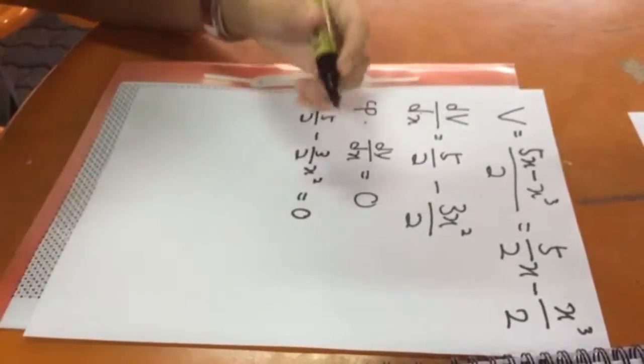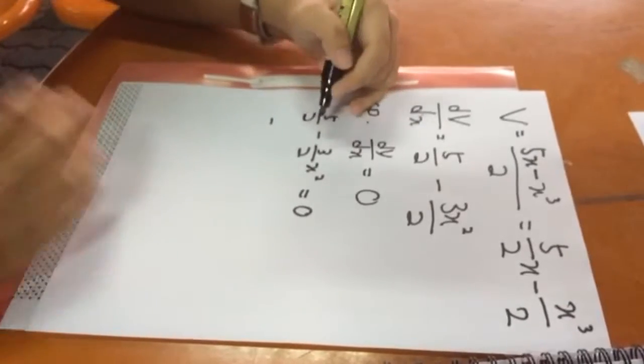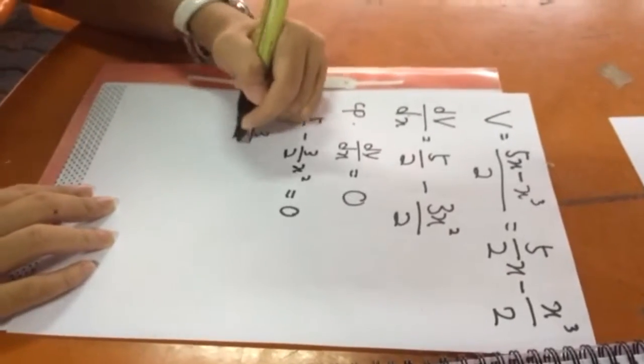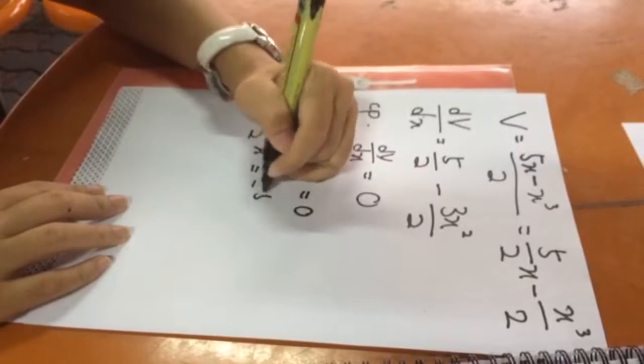You just do like usual. Shift the 5 over 2 to the right side, so negative 3 over 2 x squared equals negative 5 over 2.